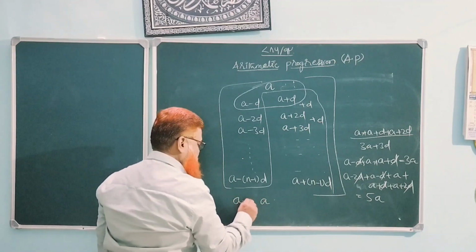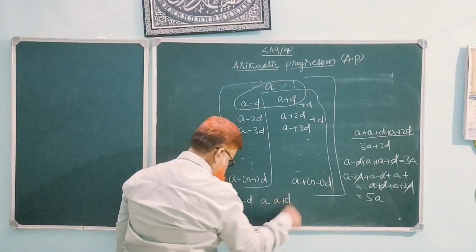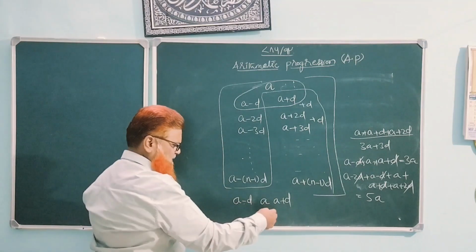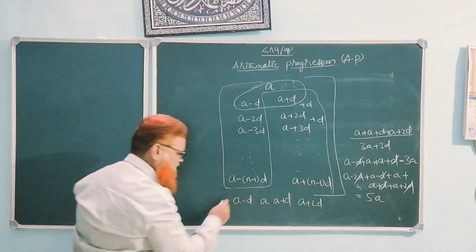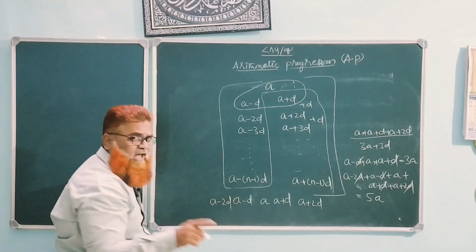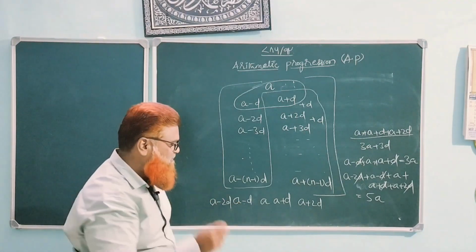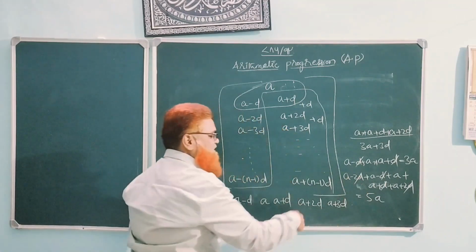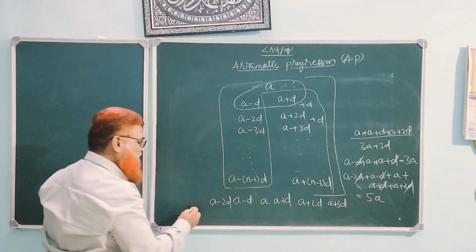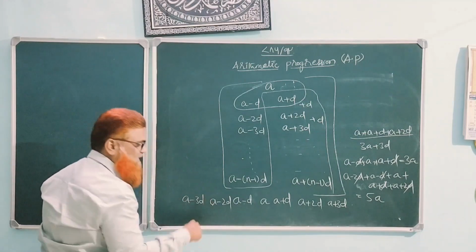A minus D is the preceding of A, and A plus D the succeeding. Corresponding to A plus 2D, its preceding is A minus 2D. I hope you are all following. It's a wonderful way. And A plus 3D, its corresponding preceding is A minus 3D.